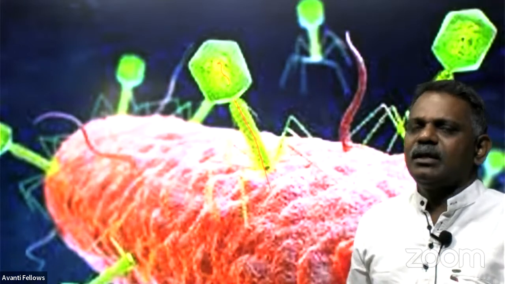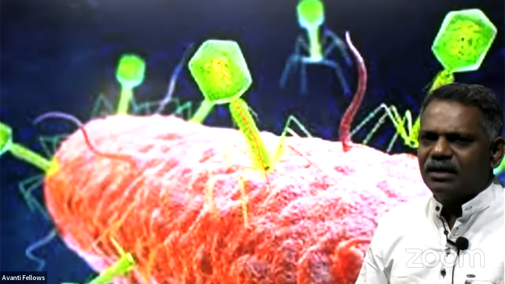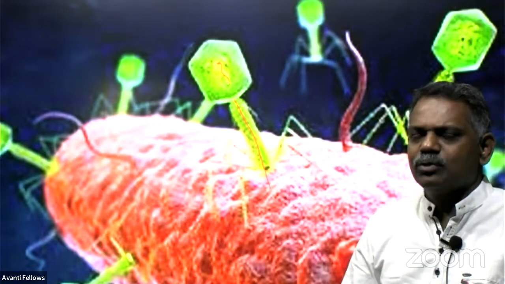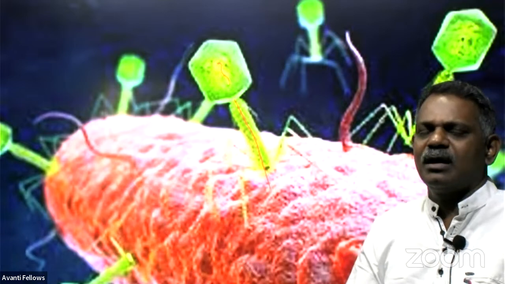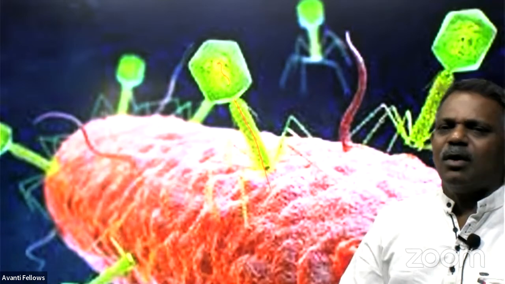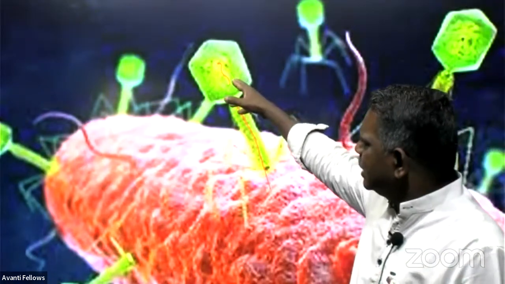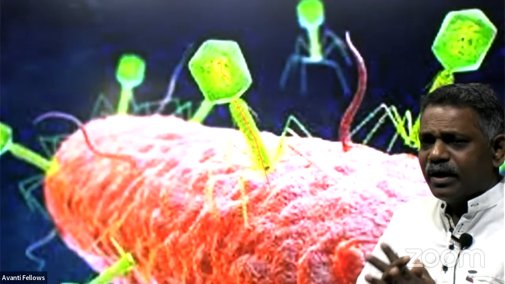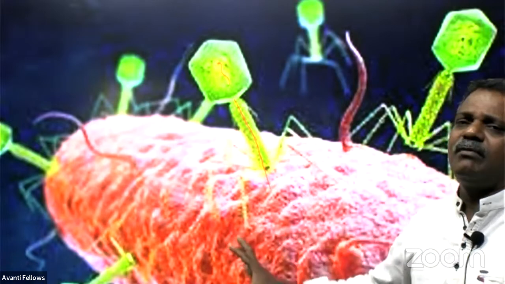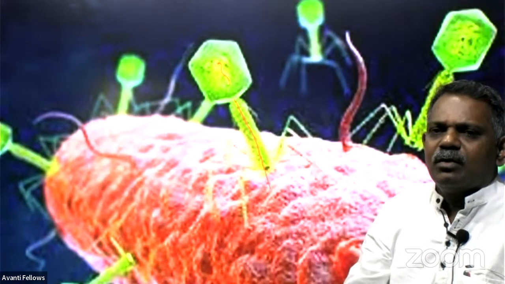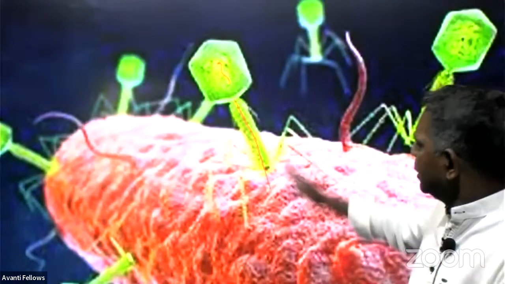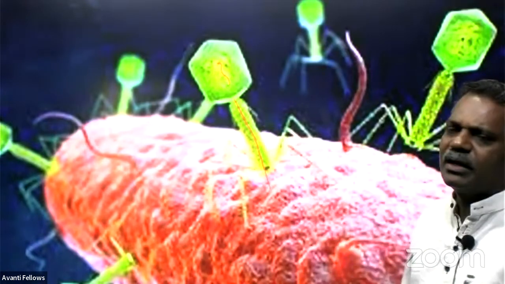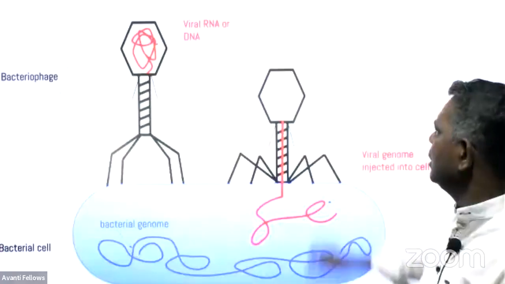Then, using the bacterial machinery, like ribosomes, tRNA, rRNA, mRNA and amino acids, this DNA prepares its proteins, making the protein coat. After that, it breaks the wall of the bacteria and all the bacteriophages come out and destroy the bacteria. That is why we call it the bacteria killer.